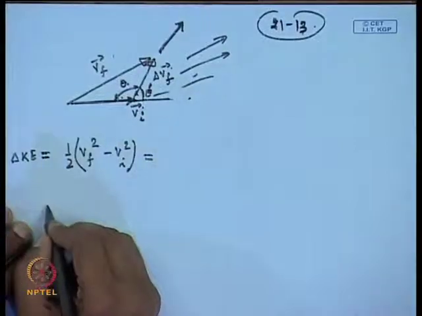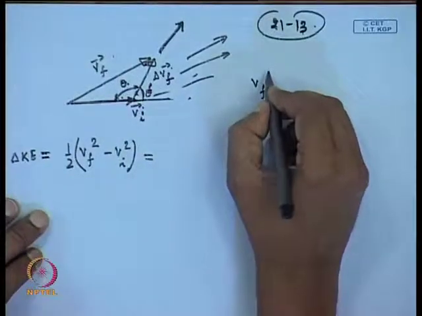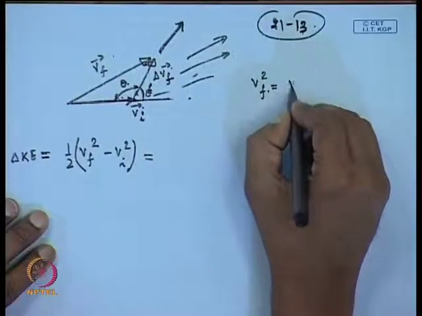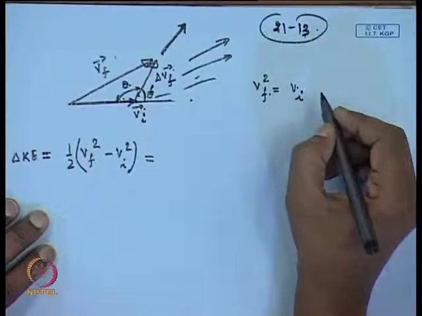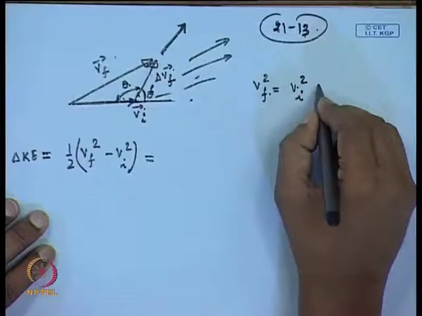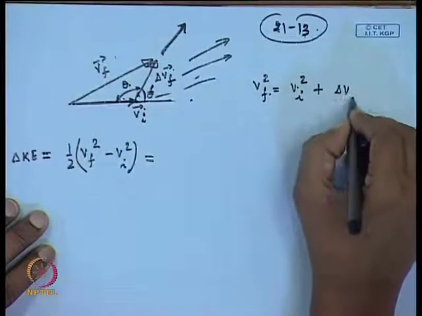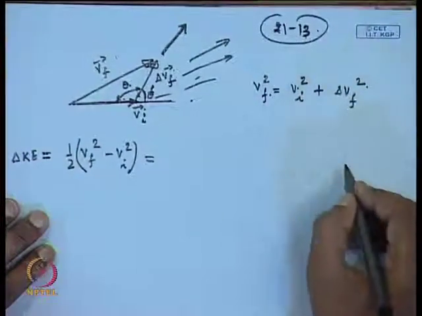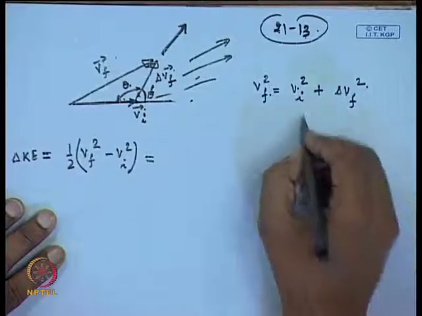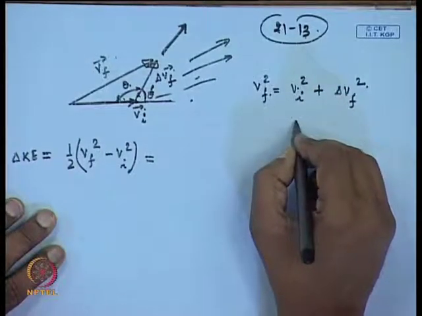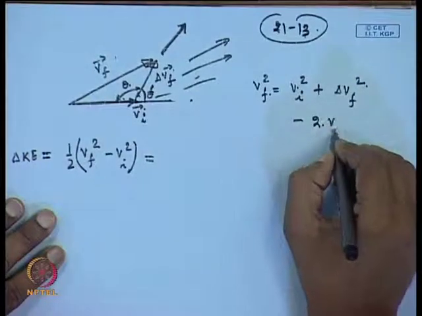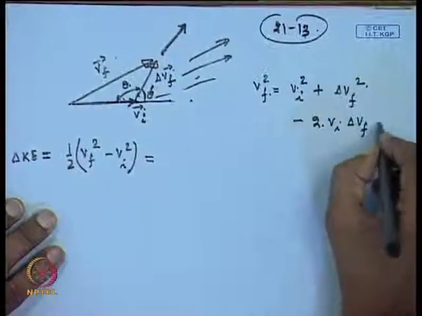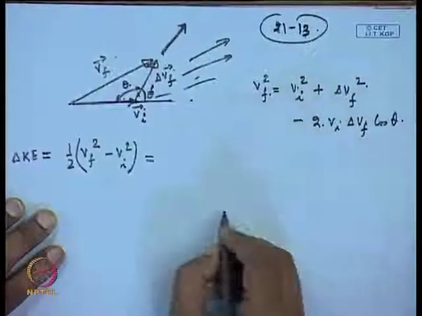So V f square is equal to V I square plus delta V f square minus 2 V I times delta V f cos theta.